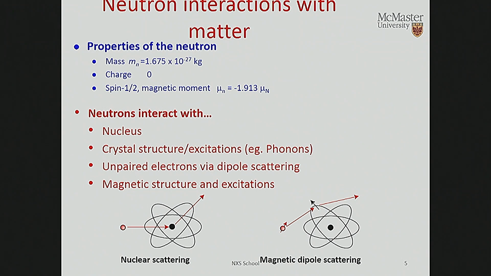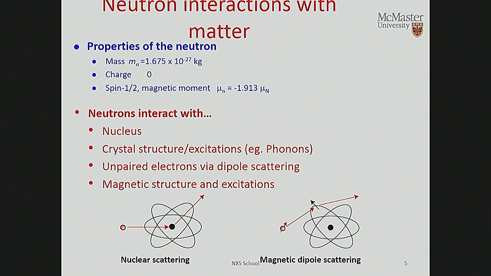One of the things that means is that the neutron is going to be sensitive to different types of atoms, but more specifically, to different isotopes of the atoms, because the neutron is interacting with the nucleus. So if the nucleus is different, the neutron sees it as different. So the neutron sees hydrogen differently than deuterium because the nucleus in hydrogen and deuterium are different.